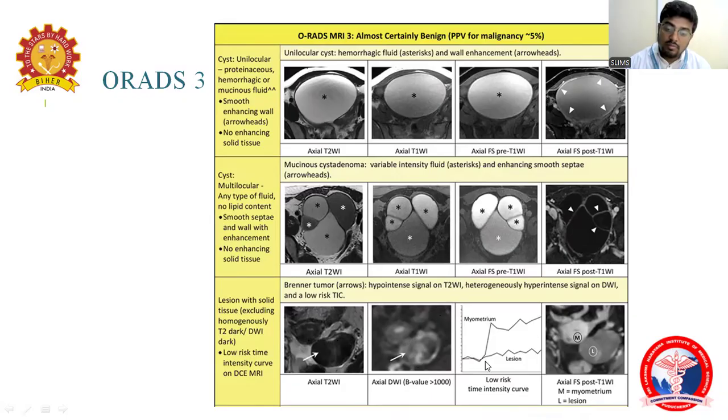In the time intensity curve, the lesion shows a low-risk time intensity curve, and the enhancement is less than that of the outer myometrium. Since we are able to do the DCE MRI, a score of 3 is given. Where DCE is not available, we can compare the enhancement of the lesion with the outer myometrium. In that case, only scores of 4 and 5 will be given.